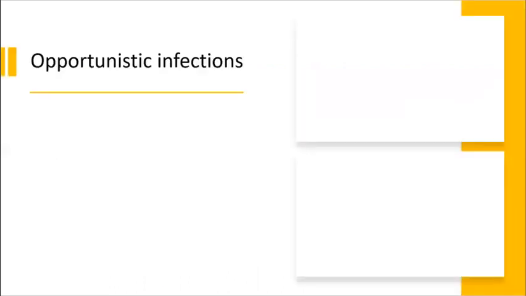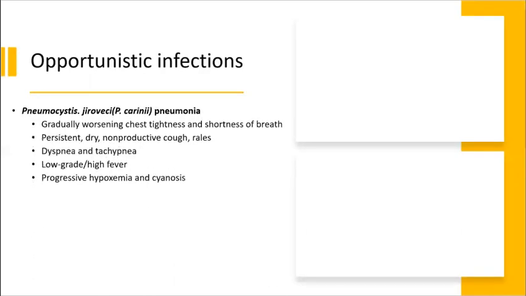So let's look at those opportunistic infections. We said there are those infections that occur more frequently and are more severe in people with weakened immune system, including people with HIV. And many opportunistic infections are considered AIDS-defining conditions. So once you see them, you're already suspecting AIDS. And one of them would be your Pneumocystis jirovecii pneumonia, or what we refer to as P. carinii.